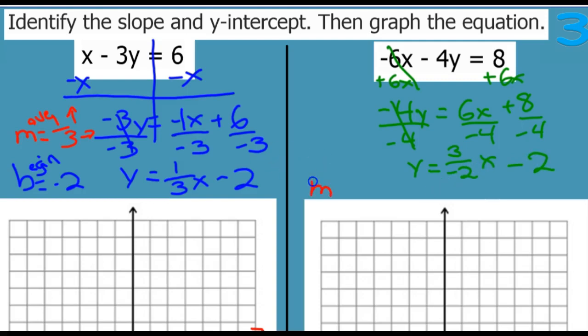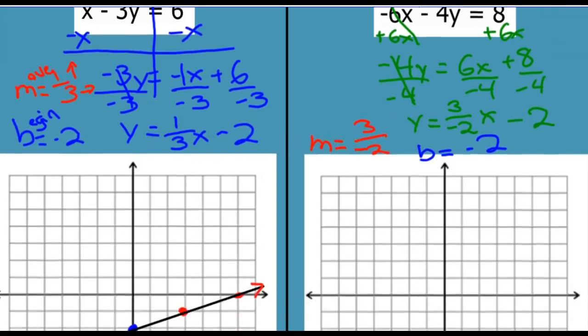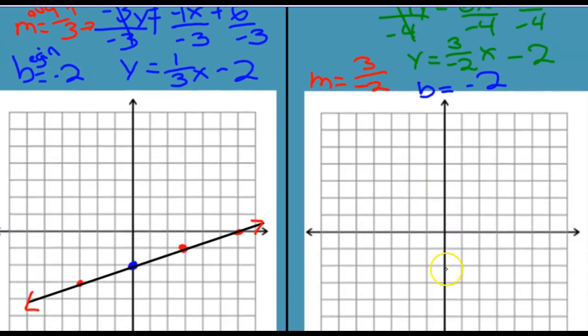So our m is 3 over negative 2. And our b is negative 2. So again, we're going to begin at negative 2. So we're going to make a dot right there at negative 2. Now our slope, we are going up 3 and back to the left 2 because it's a negative.